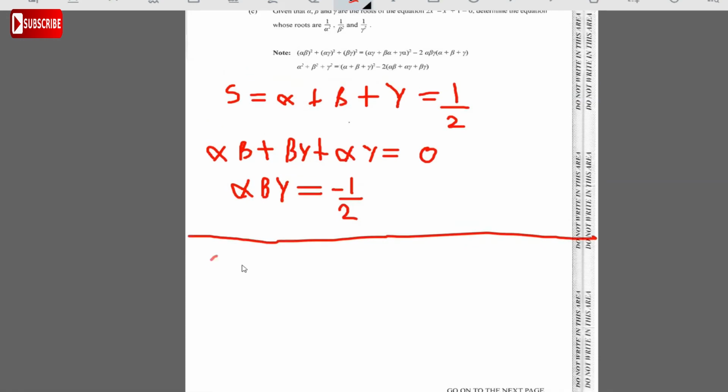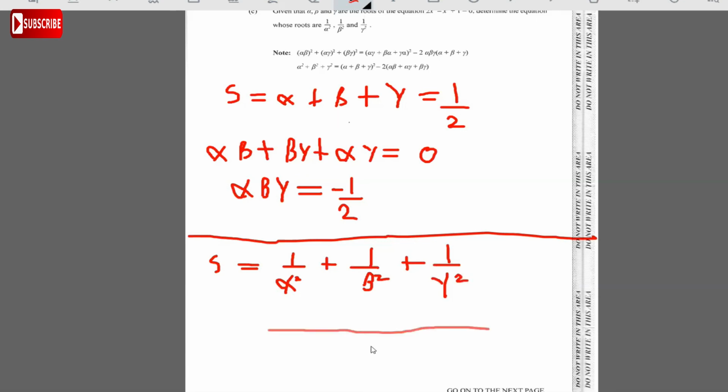The sum is going to be equal to 1 over alpha square plus 1 over beta square plus 1 over gamma square. To work this out, we're going to have to find their LCM, and the common denominator is going to be alpha beta gamma, all square.